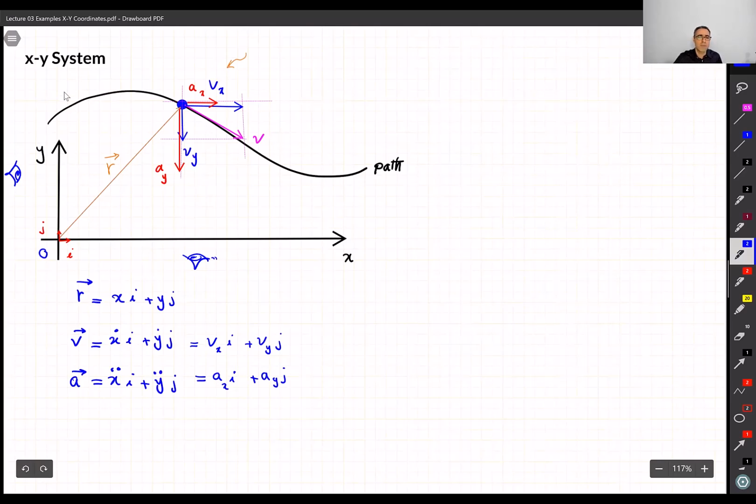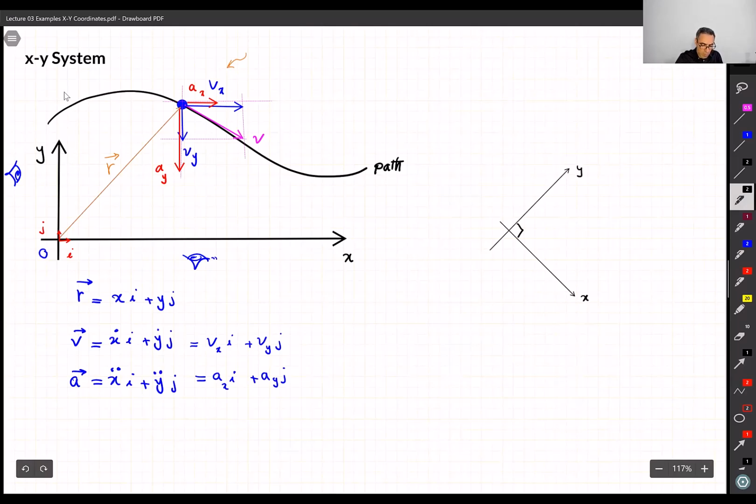Depending on the problem, they can have any angle. The angle between them is still 90 degrees, but maybe in the future you will deal with a problem where this will be your X axis and this will be your Y axis. So there is no limit on how you choose X and Y.